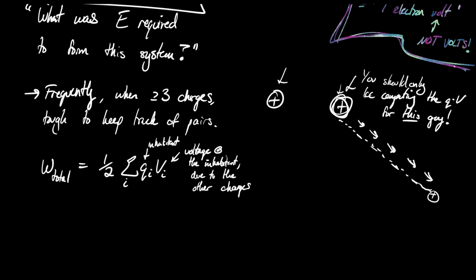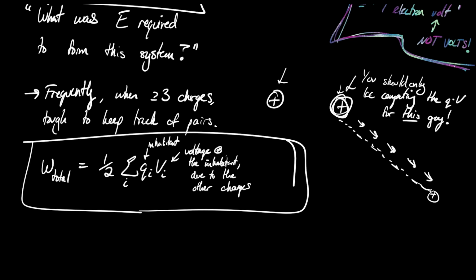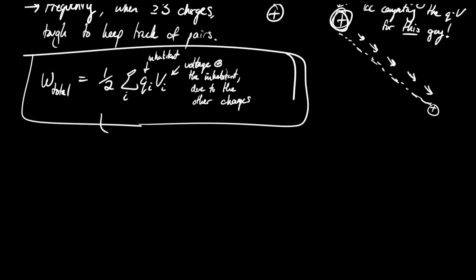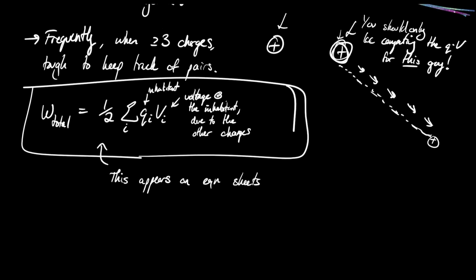And this is added over all charges. Okay, so this formula, you don't use it too often, but this does appear on equation sheets, with this funky 1/2, so that was just my shot at explaining why there's a 1/2 there.